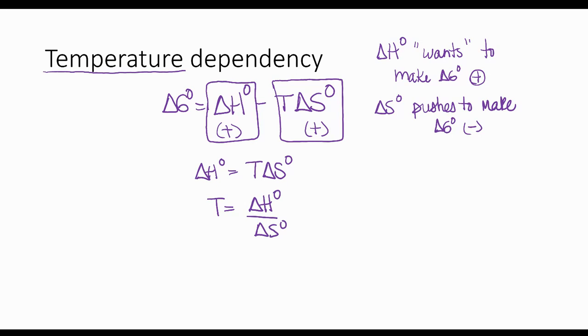Now I need to pull, oh no, I wrote down those values. Delta H for this one was 197.1, that was kilojoules. And the entropy was 198.2 joules per Kelvin. Now be careful, we have to get them the same, so I'm going to divide this one by 1,000.